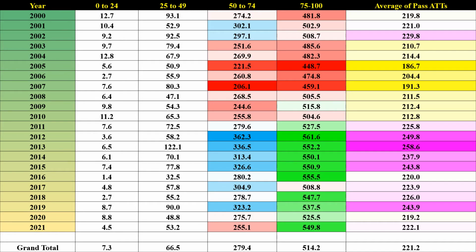I mean, in 2021 we were at 255, and that was as good as or below 2002 and 2001. So that was really a dramatic shift in the last couple of years in the second tier quarterbacks, this next 25 percentile.